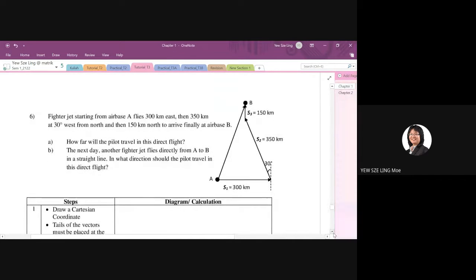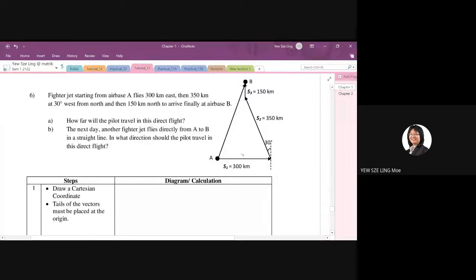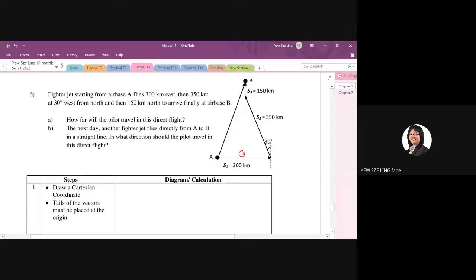So now let's look at question number 6. A fighter jet starting from airbase A flies 300 km east. So this is the first path. And then 350 km at 30 degrees west from north. So it's on the west side, and it rotates 30 degrees from the north.